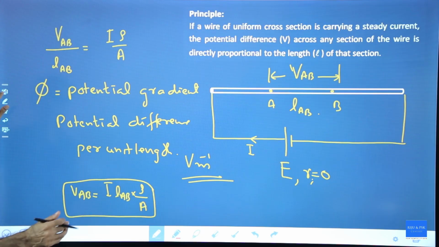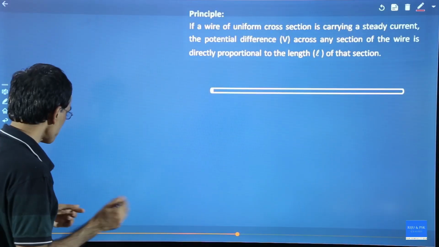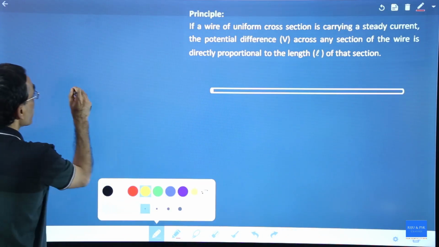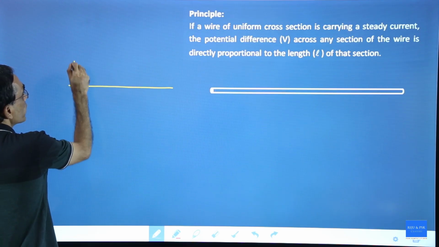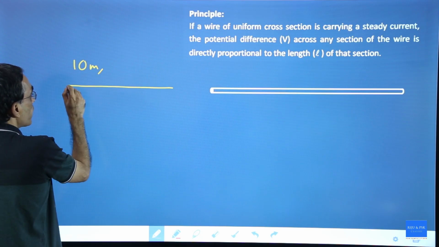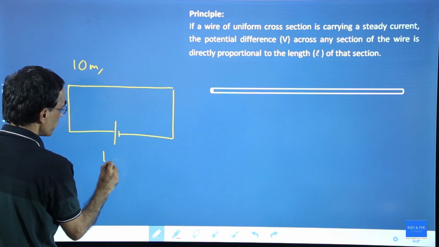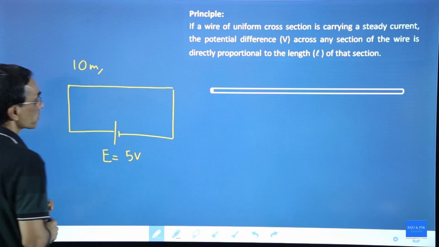This is all theory. This will go above your head. Let us do something very, very practical. Now consider a wire. Suppose this wire has a length of 10 meter, and assume that you are connecting this to an EMF E equal to say 5 volt.